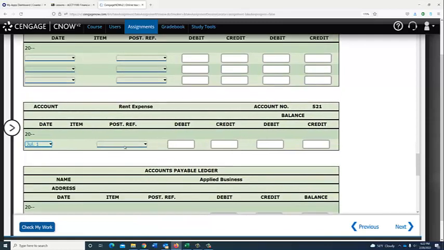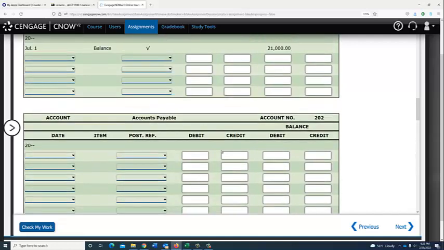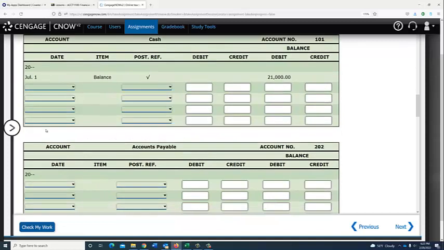That was July 1st. Our posting reference is J16. And the amount was $2,500. There's no other balance to take into account, so we're going to just move the $2,500 over to the balance column. We'll go back up and put in the posting reference, 521. Then we'll go to the cash account and enter the credit for $2,500.